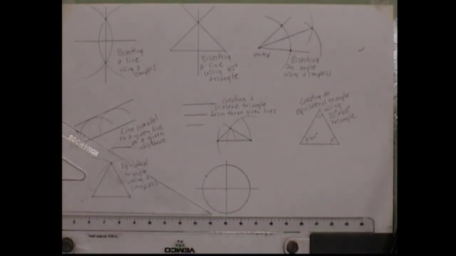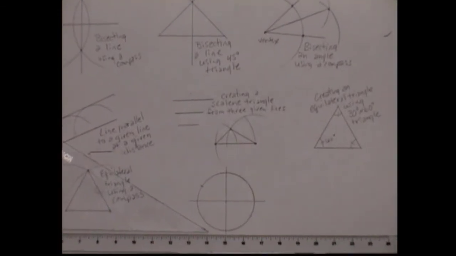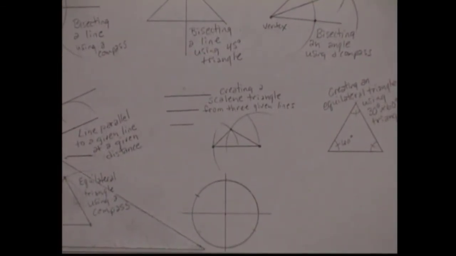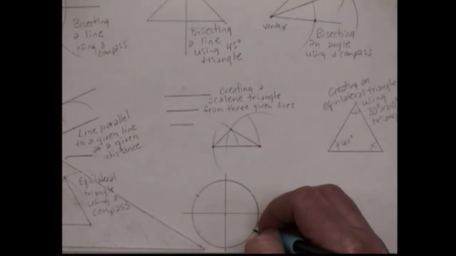Let me see if I can zoom in so you guys can see that a little bit better. So I have a measurement point down here and down here. I just did 2 of them just to save a little time. Can hardly see this one.